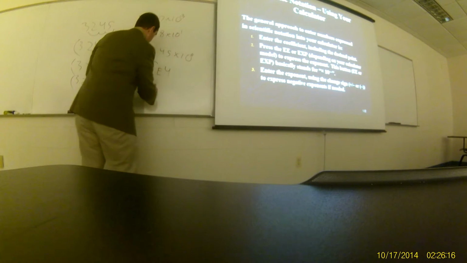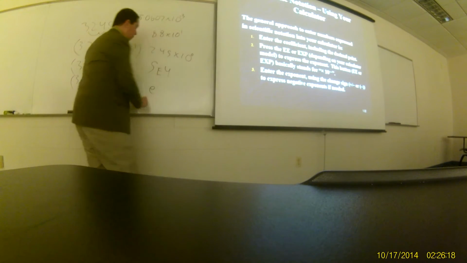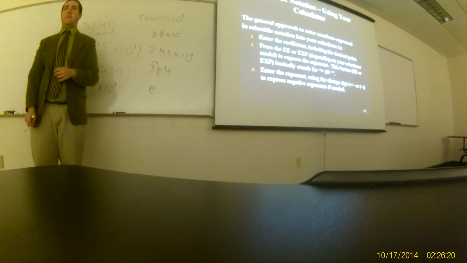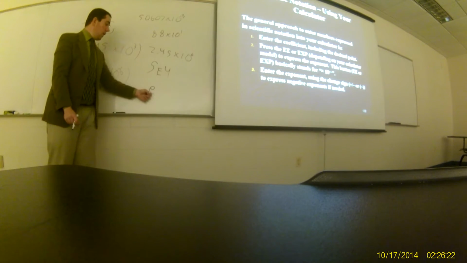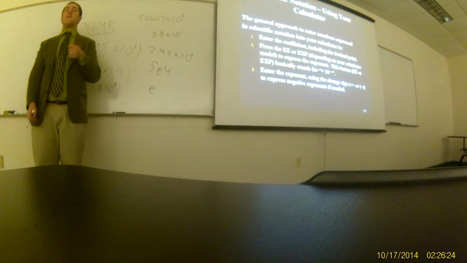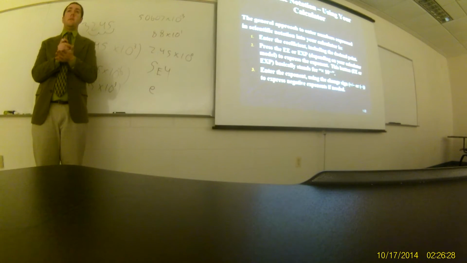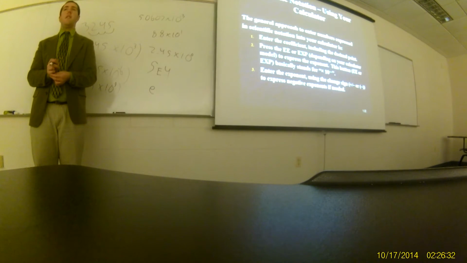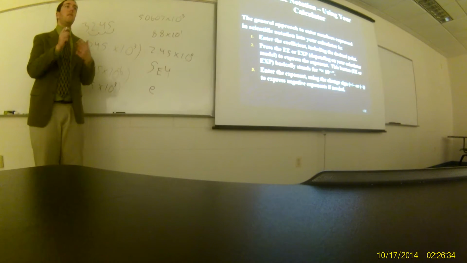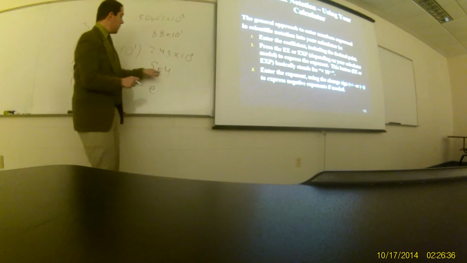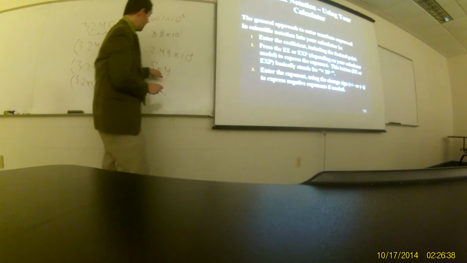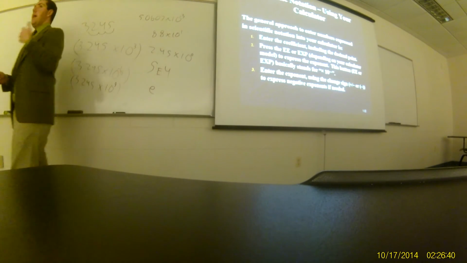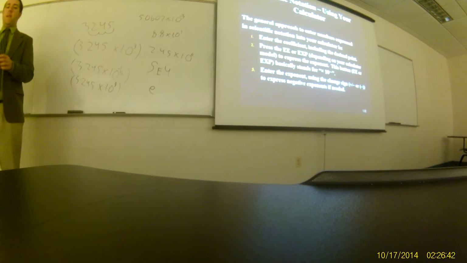Do not, under any circumstances, use lowercase e. There are probably 2 of those on your calculator. One is just the letter E, and the other is a mathematical symbol, lowercase e, which is very, very, very different. If you don't know what button you need to push to get this, please let me know. I'd be happy to help you with your calculator to figure it out.